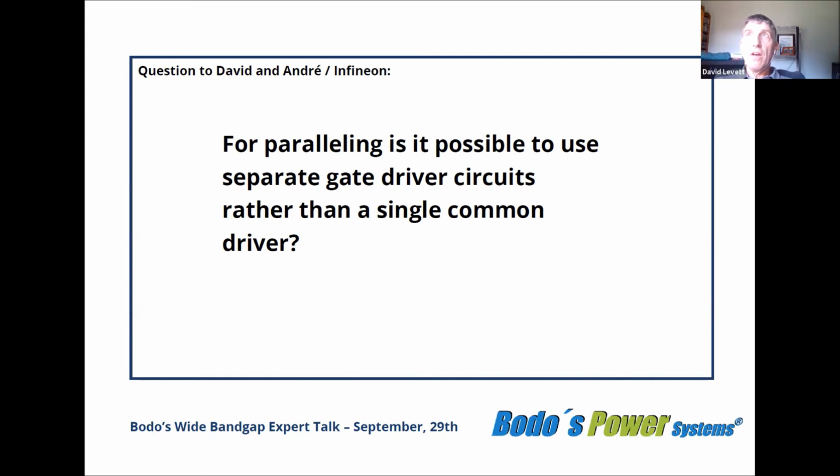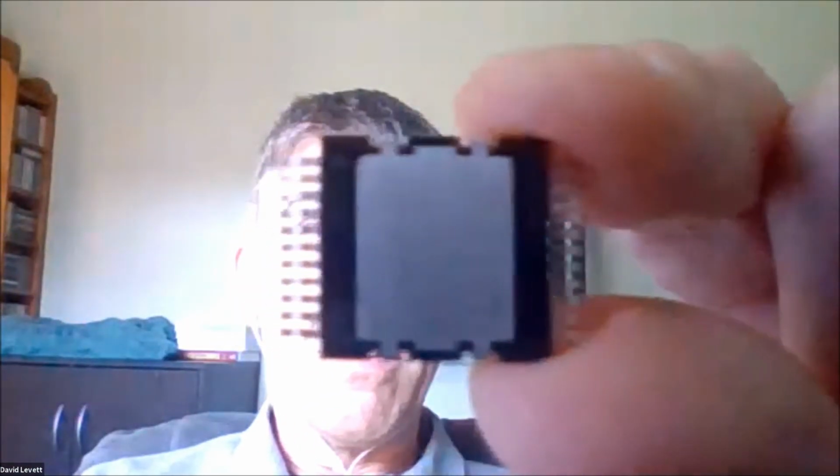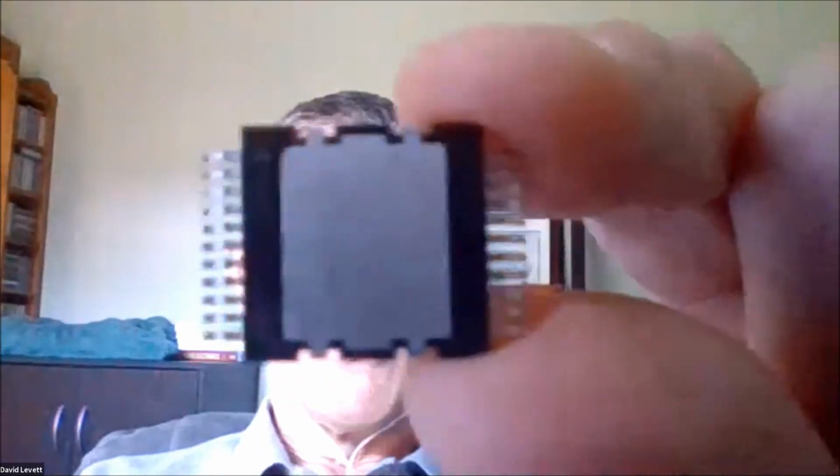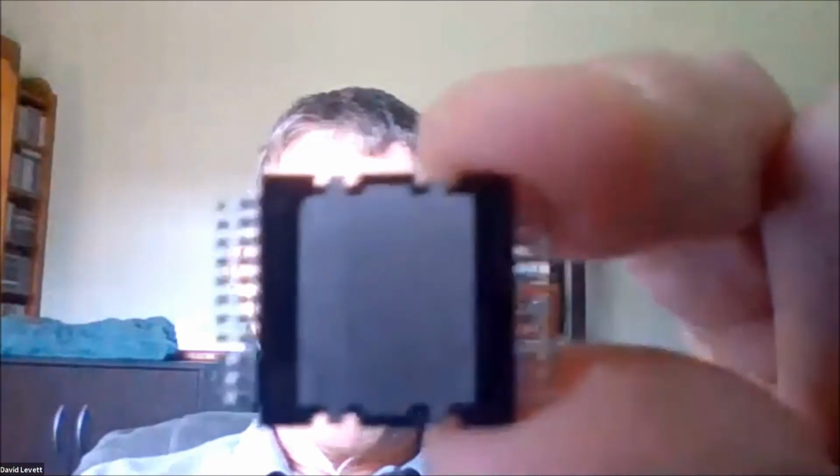But first, can I just show what Peter was talking about? I'm going to try and show it on my camera. So this is a surface mount device, but you can see it has top side cooling. So it's like a TO-247, but surface mount, with a similar area.